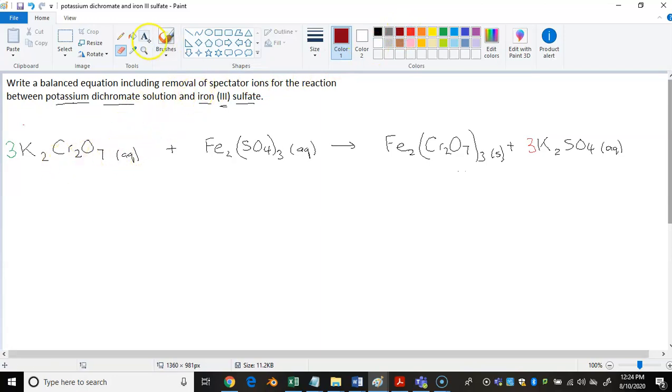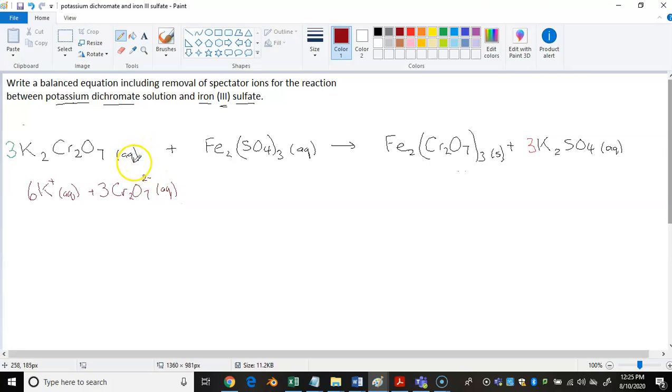Now this first one here is aqueous. So this breaks up into 6K+ aqueous, because there's a total of 6 Ks, plus 3 Cr2O7 2-, which is also aqueous.